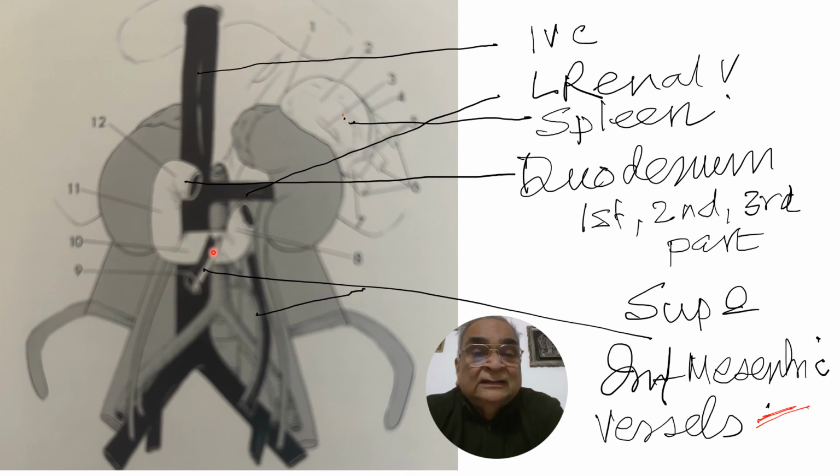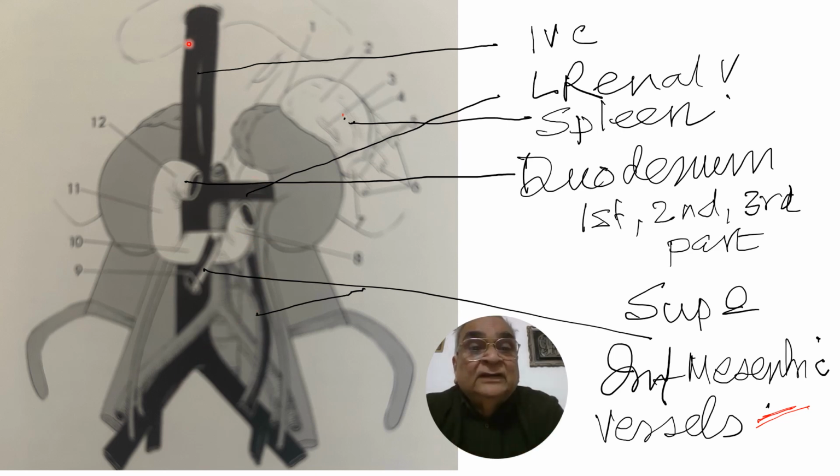This type of obstruction is called the superior mesenteric artery syndrome. So from here the duodenum continues on. This is the duodenojejunal junction. So first the duodenum, to jejunum and then to ileum.